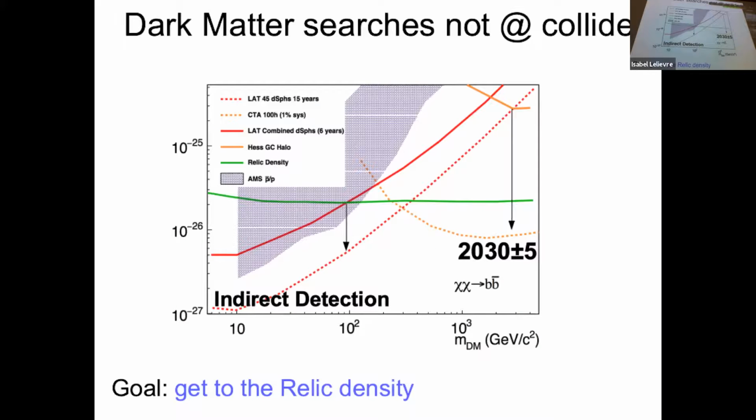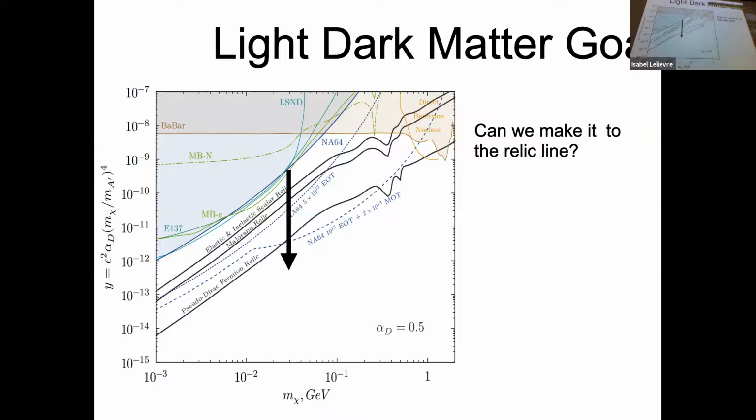With indirect detection, there's a clear plan to either take more data with Fermi, or to build a larger high energy photon detector so that you can cross this Rayleigh line in the next 10 years. And with the low mass, there's an attempt to do the same idea now, to build experiments to cross these Rayleigh lines. So here are the NA64 bounds.